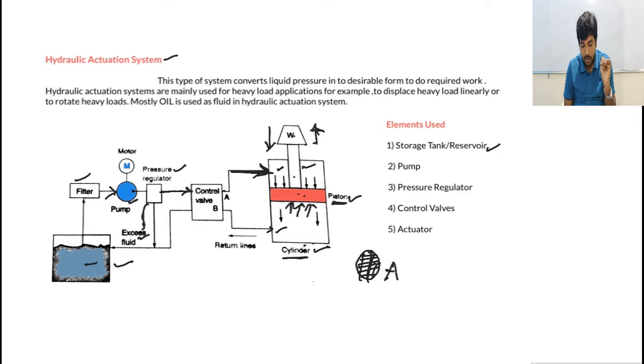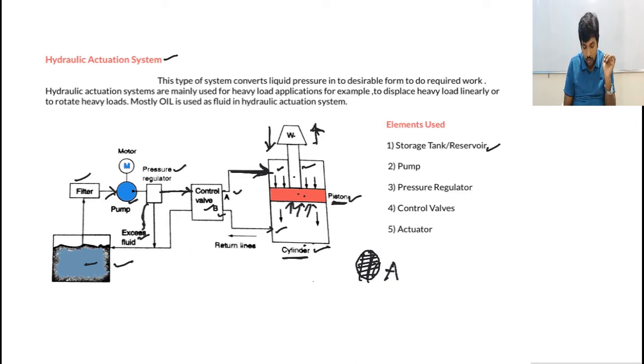So this mechanism can either be programmed or handled manually. Both ways you can do it. That means whether to select port A or port B, whether we want upward motion or downward motion, this can be done in two ways: either we write a program for this or we do it manually.